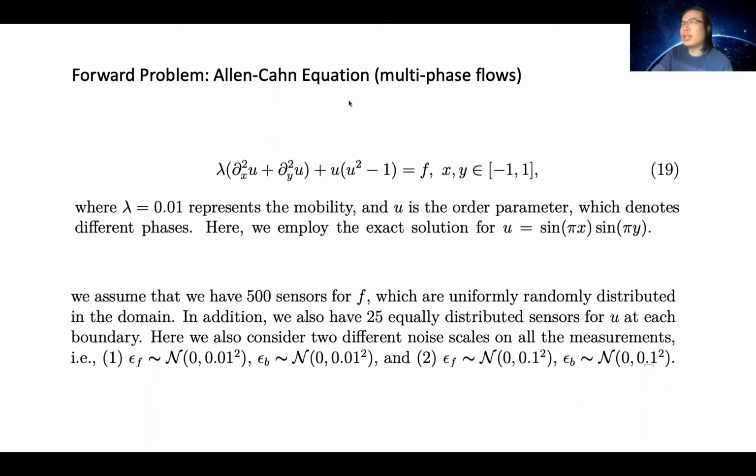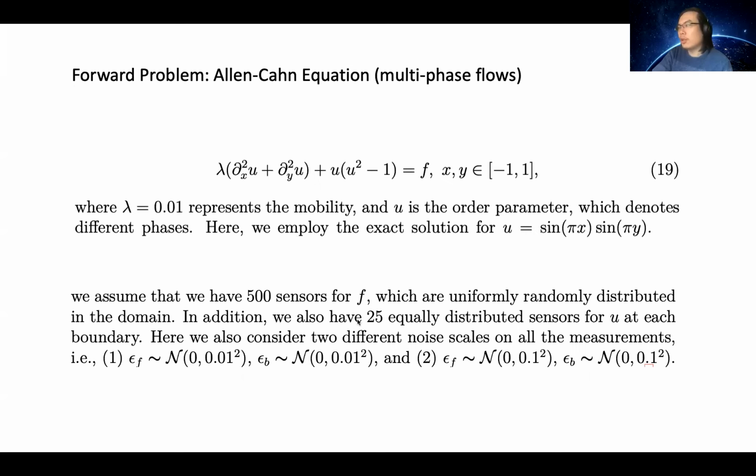Here we show an example of a forward problem, the Allen-Cahn equation, which looks like this. We assume that we have 500 sensors for F, which are uniformly randomly distributed in the domain, which is a square domain.